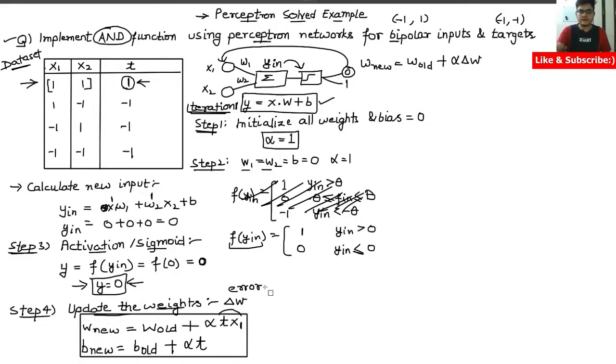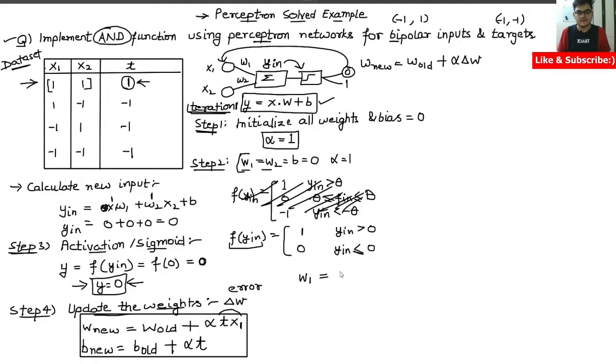All right, so let's do this step. Let's try to update the values of weights and bias. So w new equals w old plus alpha times of this, right? So let's see what will be the value of w1, which is the new value. The old value of w1 was equal to 0 because we have initialized it at 0 in this step.